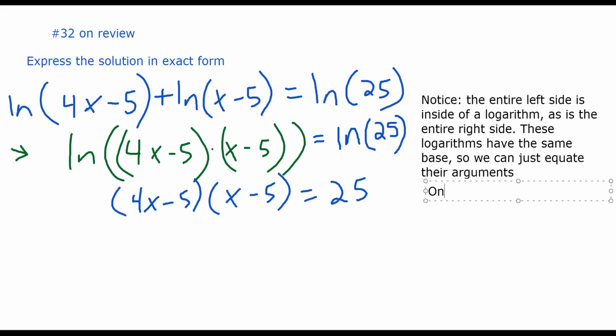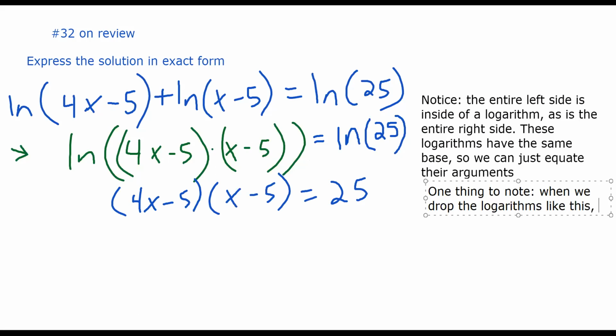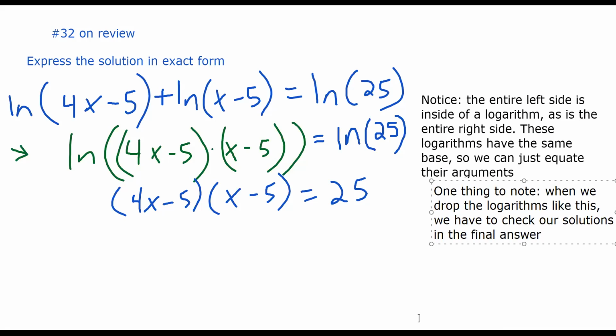One thing to note: when we drop the logarithms like this, we have to check our solutions in the final answer. We have to make sure that our solutions are not going to create problems in the original problem.